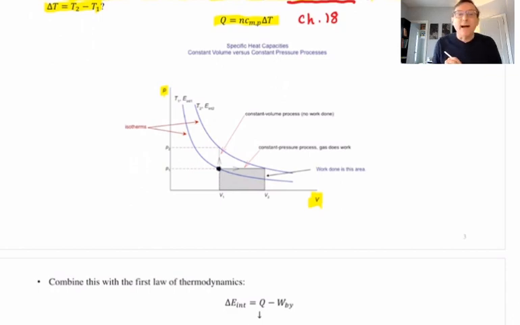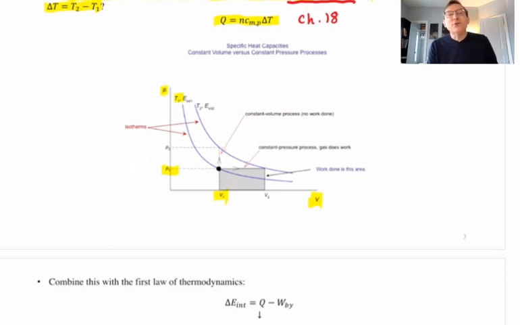I'll make a nice big dot with a volume V1, pressure P1, temperature T1. I've even drawn there in blue the T1 isotherm, which remember is a hyperbola, of the form y equals a constant over x, that passes through point 1. And that's our starting point for our ideal gas.